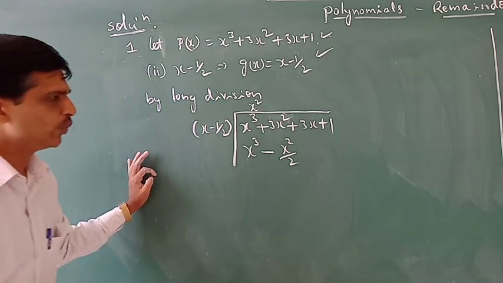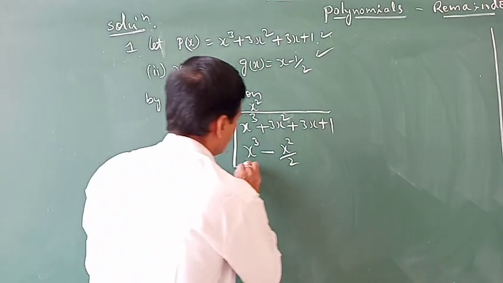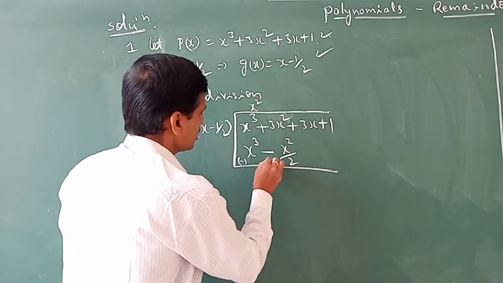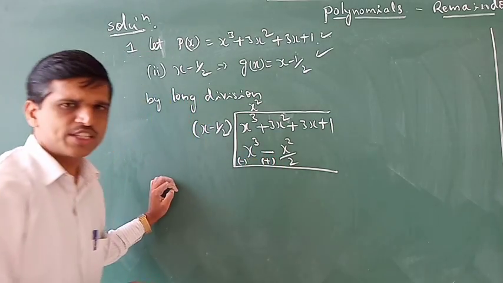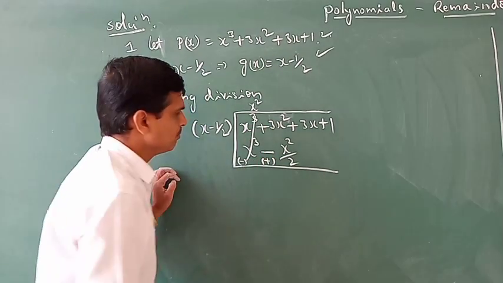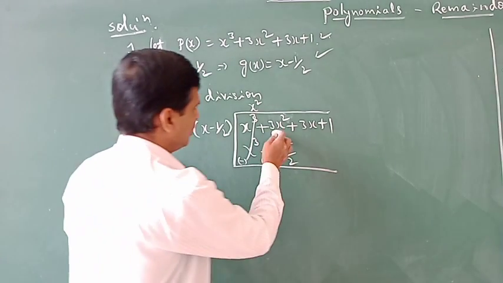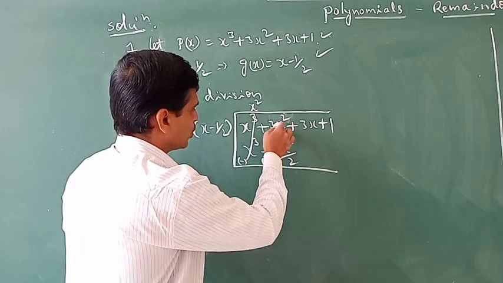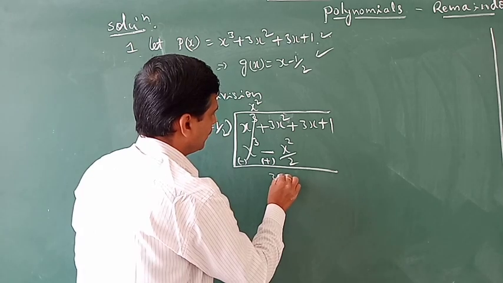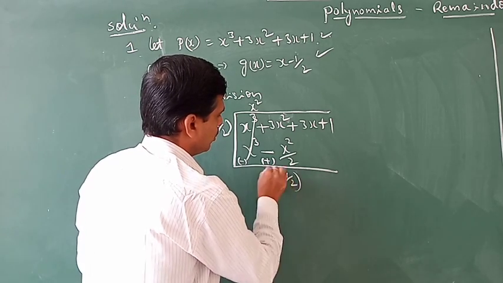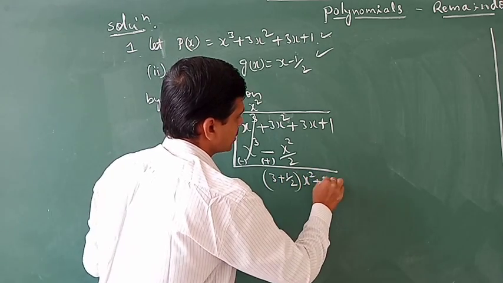Now subtract. On subtraction, all signs should be changed. So here it becomes cancelled out. So remaining 3 plus 1 by 2 times x square, and the next term is 3x.